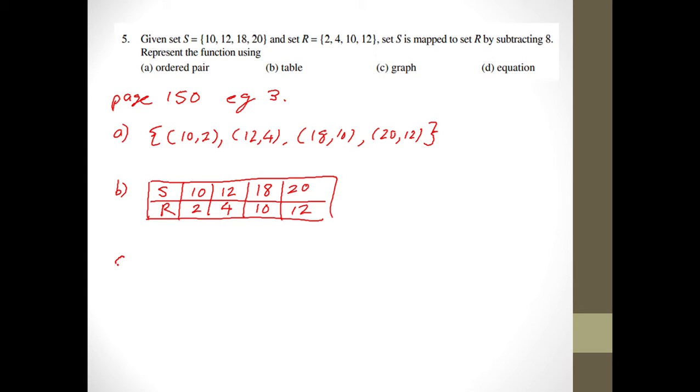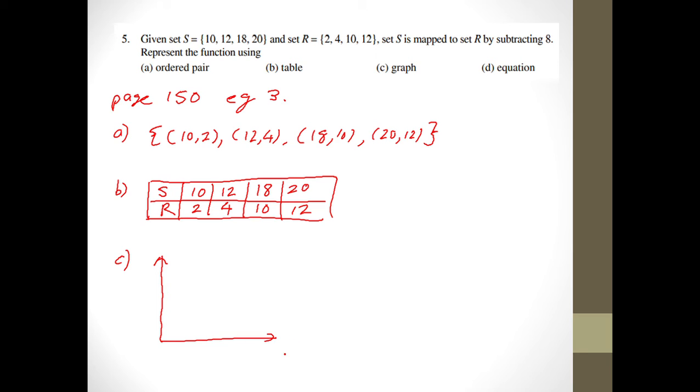Next one, question C, if you use a graph to present the relation between S and R, we have to know which one is the object and which one is the image.